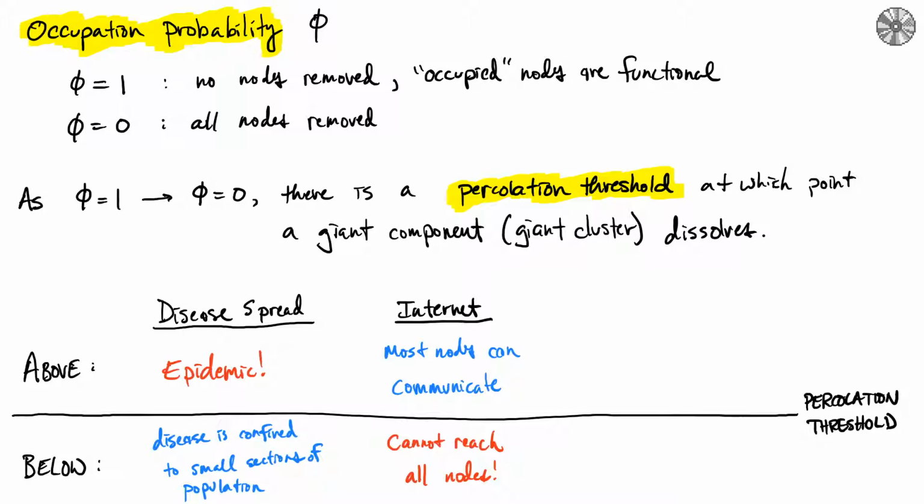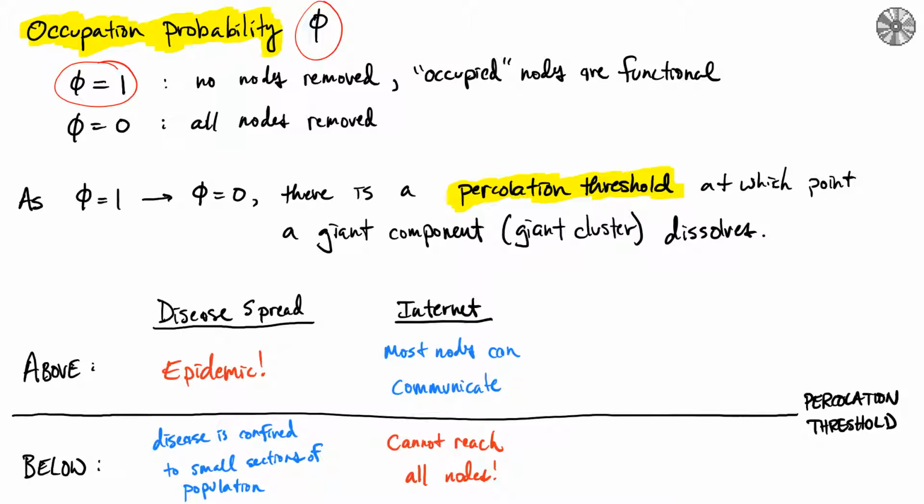In the context of percolation, oftentimes it's characterized as an occupation probability. And to be honest, this seems a little bit reverse of what I would naturally define. But the idea is that when this probability phi is 1, then no nodes are affected by the process. So nothing is removed, no edges are removed, and all occupied nodes or edges are completely functional.